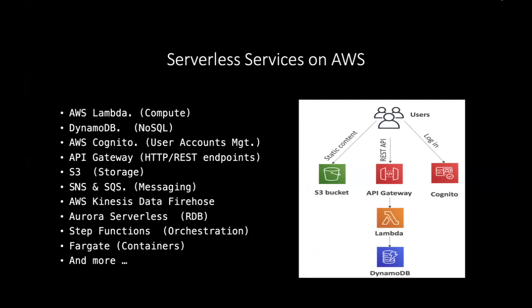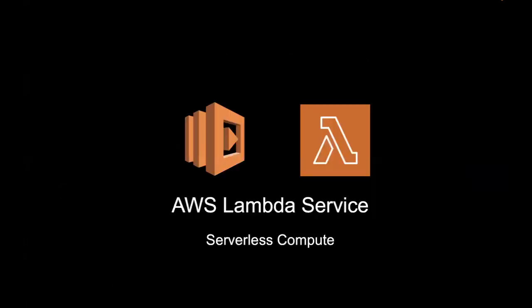There are others though. What Lambda allows us to do is essentially deploy something as granular as a function to the cloud. Prior to serverless, you had to deploy either the entire application or possibly a container.